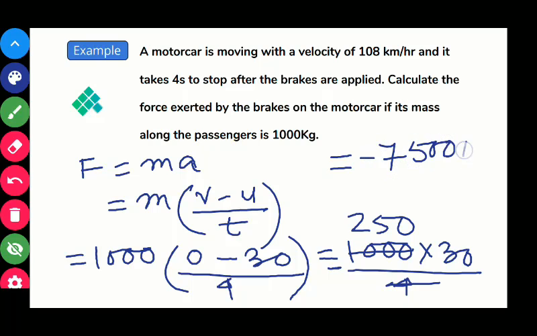That amount of force you will apply on the brake and therefore the vehicle will be stopped. Here the minus has come because you are in deceleration. You are not accelerating that motor car, you are decelerating that motor car. Therefore we have got a minus in the final value of force.